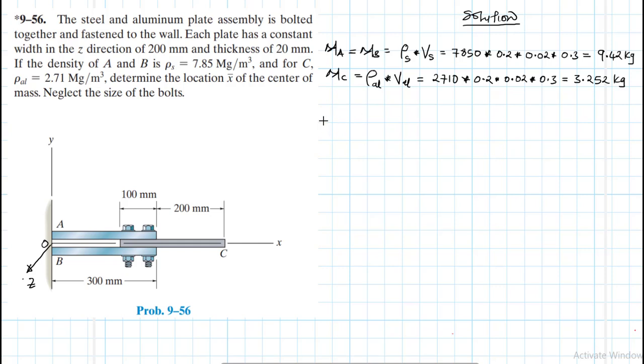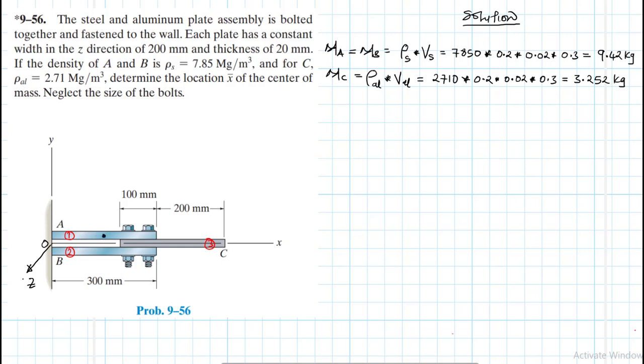So what we need to do is to draw up a table. Let's name these parts: part 1, which is equal to part 2, and then the other one we name part 3. Like we said, each one has its own local centroid.